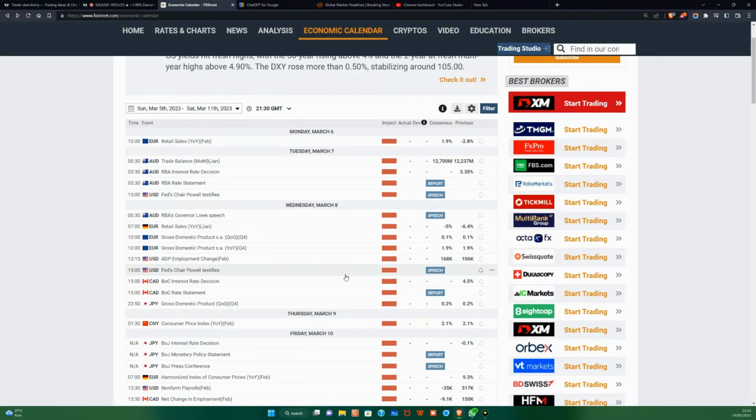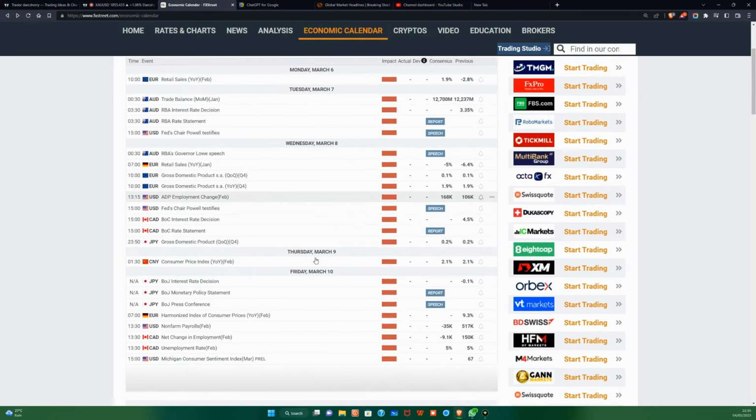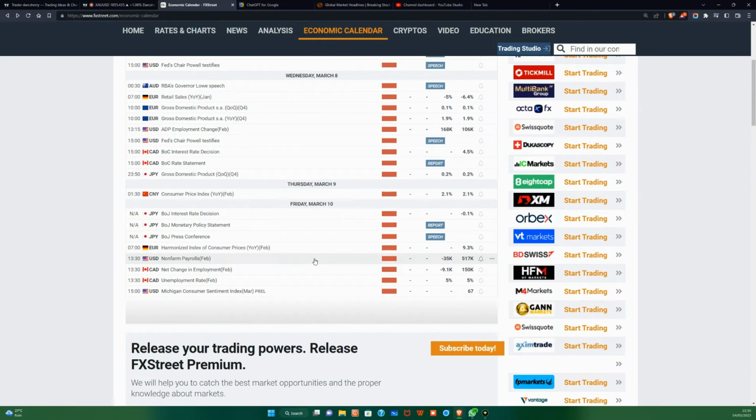Then on that same day, we also have Fed Chairman Powell's speech as well. Then if we fast forward to the last trading day of the week, that is Friday, March 10th, we have the almighty non-farm payroll. And obviously, this is one thing everyone is looking forward to. We want to see how the data for employment is going to come in.